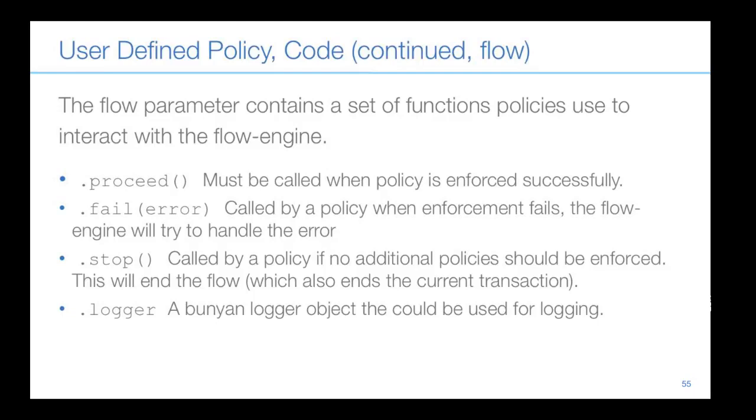And so you can fail and give it a reason, and then the flow engine will try to handle it, and if it can't handle the error, then it'll return back to the client. You can also call stop, which basically says, hey, I'm the last guy in the chain. I don't care if other policies are defined in the assembly, you shouldn't go any farther. There's a logger. You heard Dan talk about that, and he gave a lot of detail on how to set where stuff gets logged and at what error level.